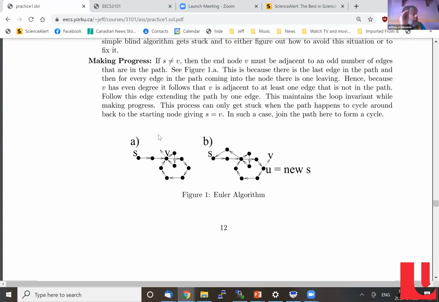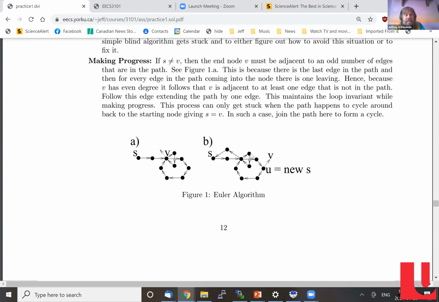Now, there's one other place that you can get stuck that we haven't talked about yet. So suppose you start at S and you do some walk, right? So forget this edge to V. Oh, that's a dotted line. See, the edge to V is dotted, so it's not part of our path.